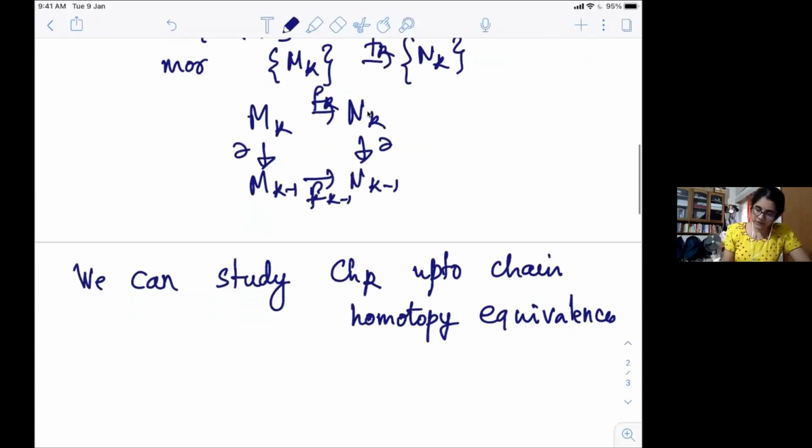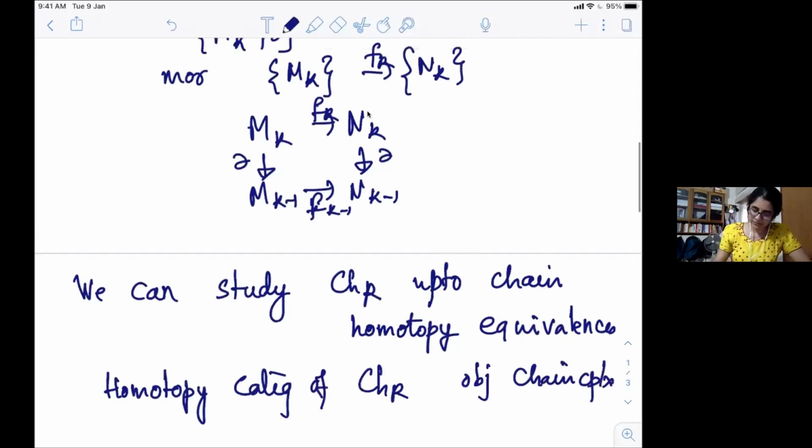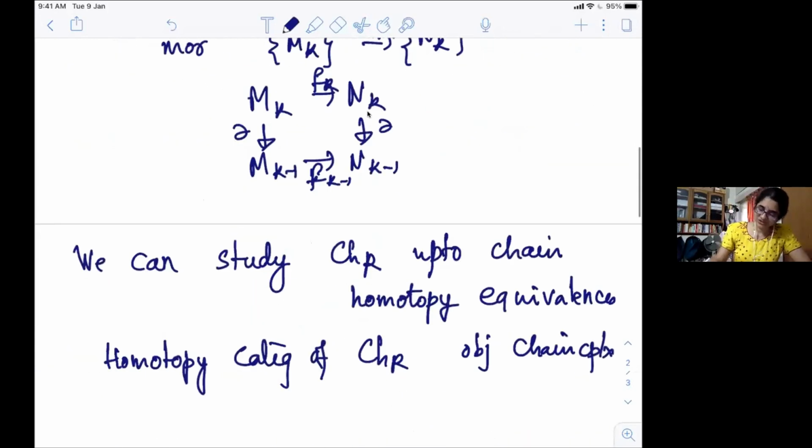And in this case, I can talk about the homotopy category of Ch(R), where I'll just take objects as these chain complexes. And just for completeness, I should say R is an associative ring, which I should have mentioned.